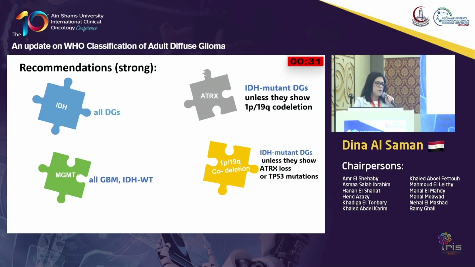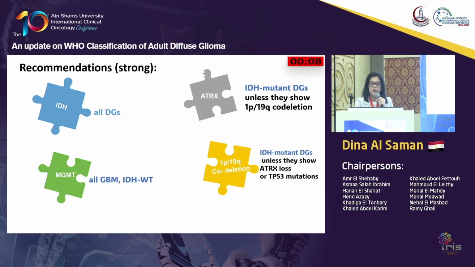It's recommended to do IDH testing in all diffuse gliomas. This is firstly. The ATRX is recommended to be done in IDH mutant diffuse gliomas unless they show a 1p19q co-deletion, okay? If you are confident it's an oligo, okay, go for it. If you don't have this, do the ATRX to make sure it's not an astro.